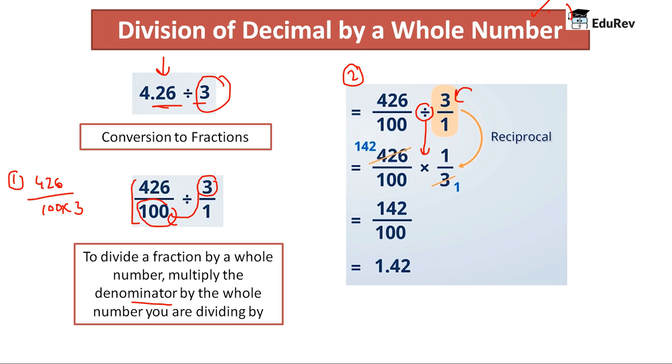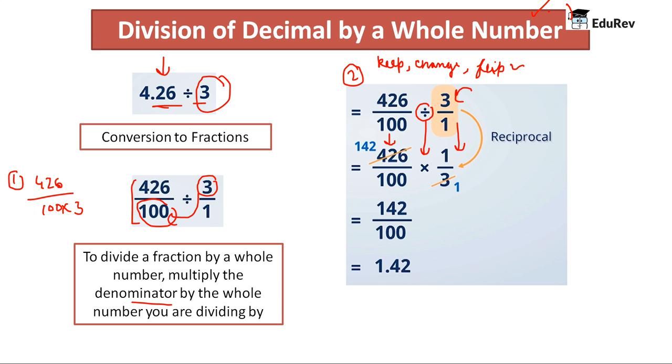This has 3 steps: keep, change, flip. We will keep this fraction as it is, change the division sign into a multiplication sign, and flip the other fraction. So 426 divided by 100 into 1 by 3.